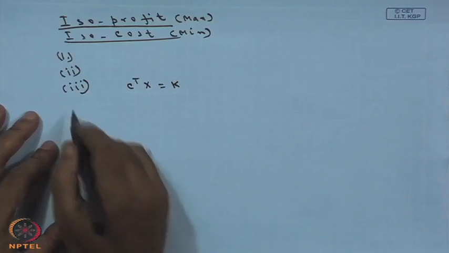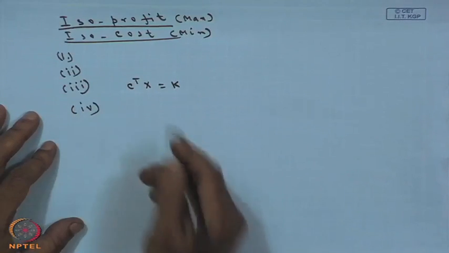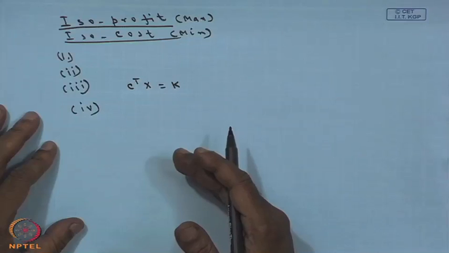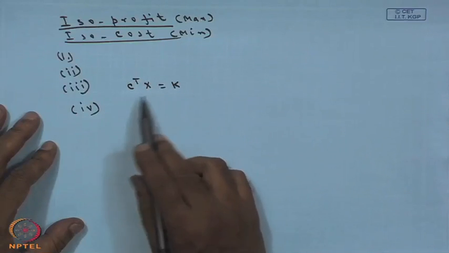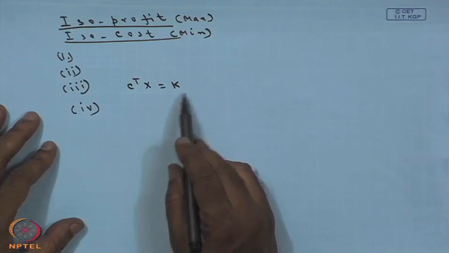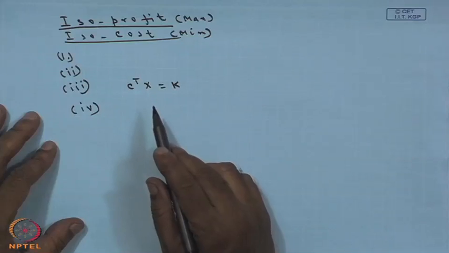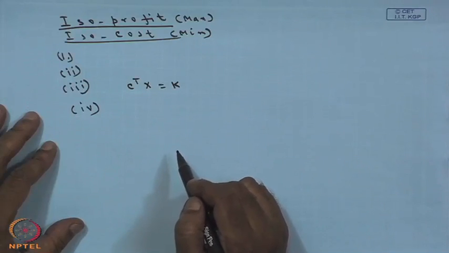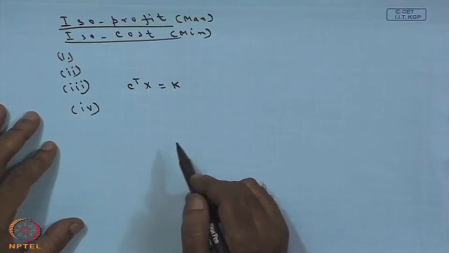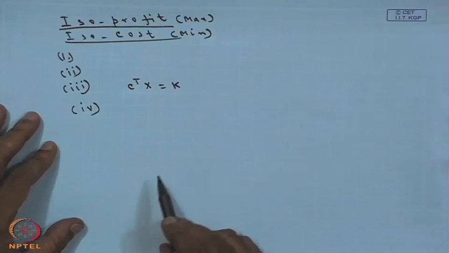This is the third step. So you are drawing a line for the objective function C transpose x equals k for a given value of k, passing through your feasible region. Then move this line away from origin, parallel to the original line, as far as possible, and you see where it is touching the feasible region at least at one point, and it is giving you the maximum value.